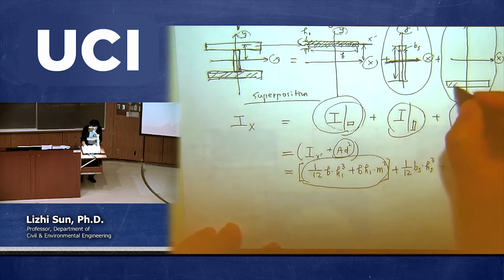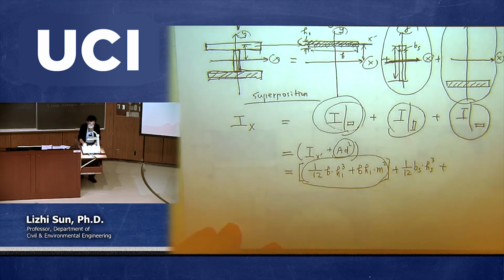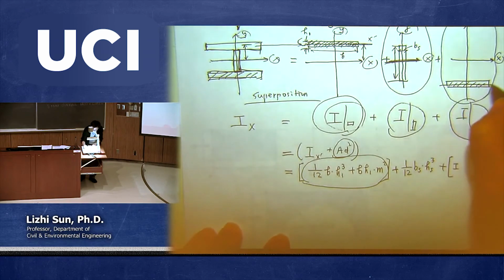This time we're talking about this one. We don't know its moment of inertia directly, but again we're going to use the parallel axis theorem, so that the moment of inertia is equal to, I call this one x prime again, Ix prime plus a d squared.